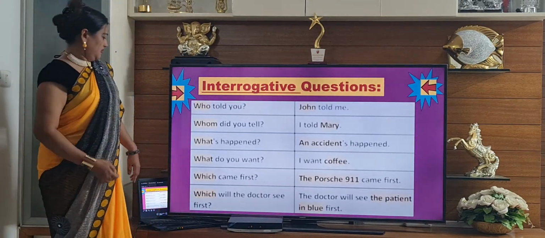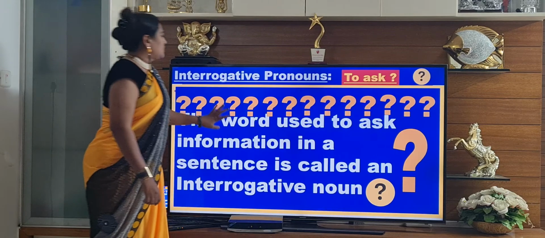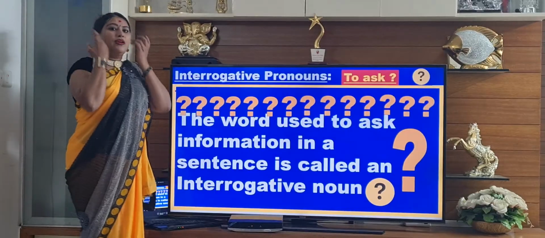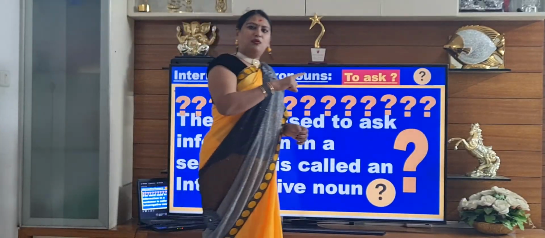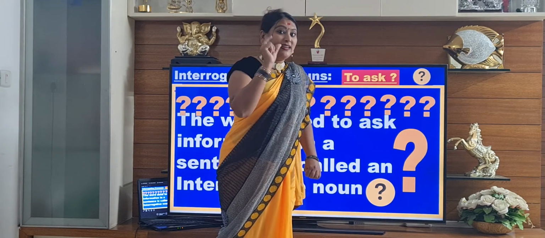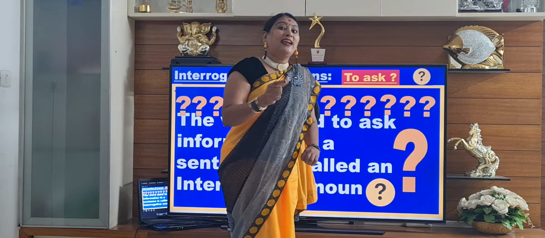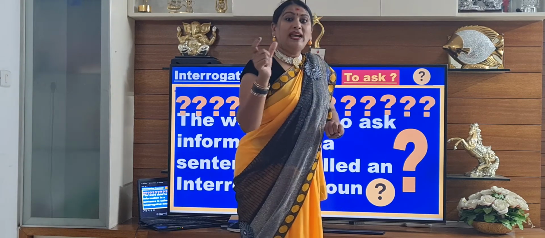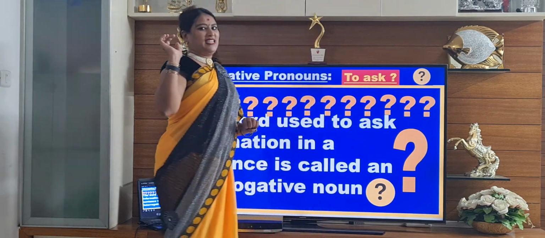Okay, next. So always remember the definition here. When it comes to relative pronouns, WH words relate the pronoun or noun by giving information in a sentence.